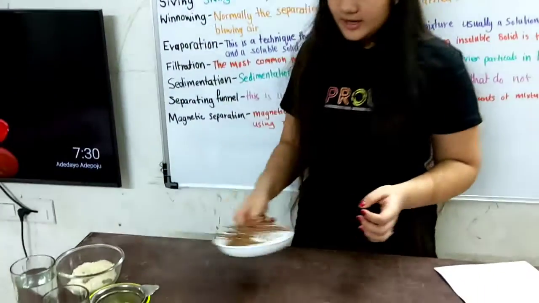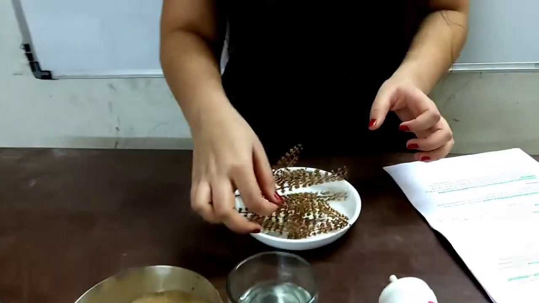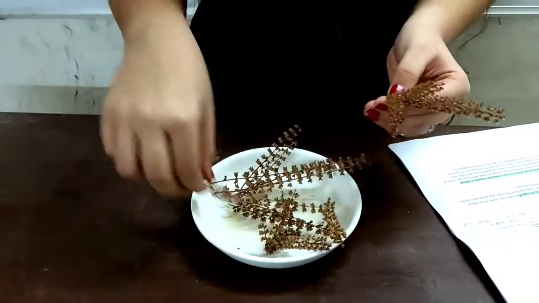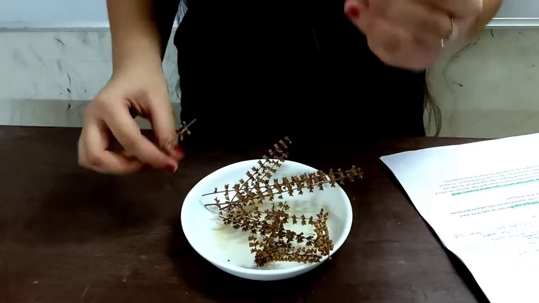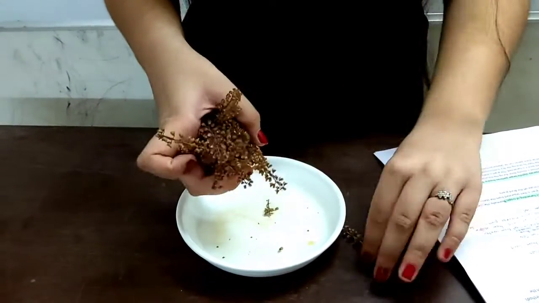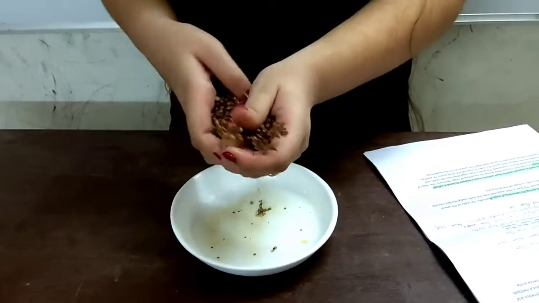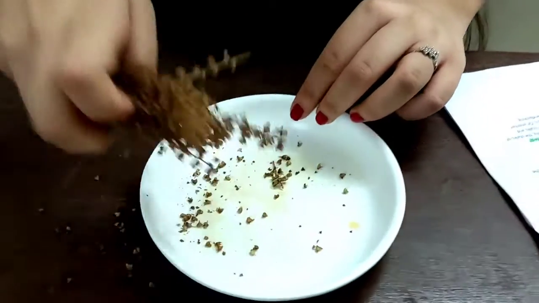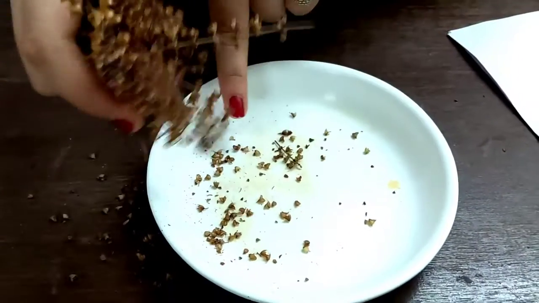But here, as you know, there is a plant called tulsi. I have some seeds of that which are formed like this. So basically what you do is, when you do this, you can see the seeds coming out of it.